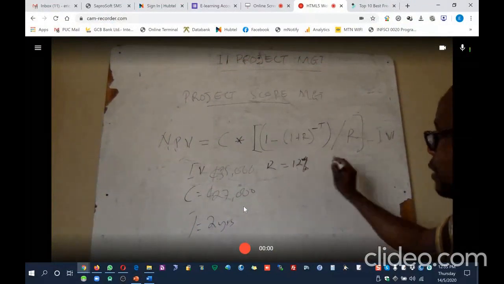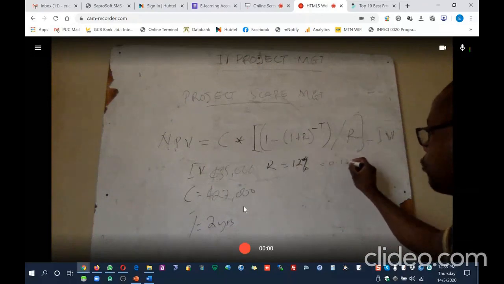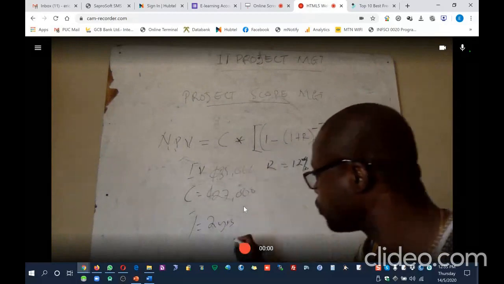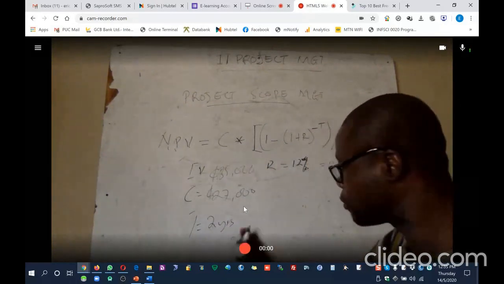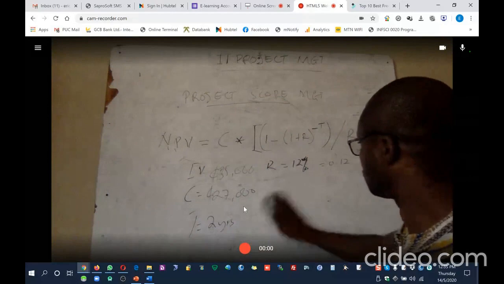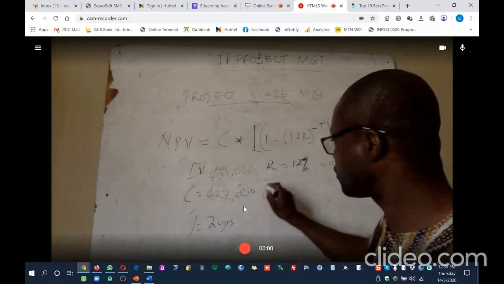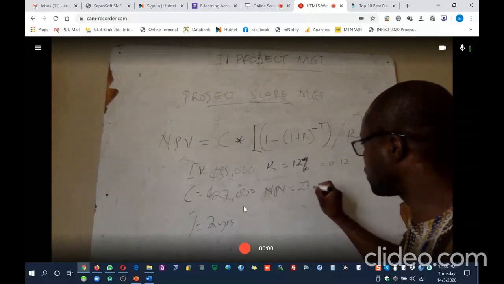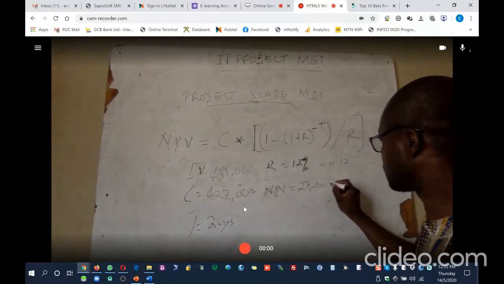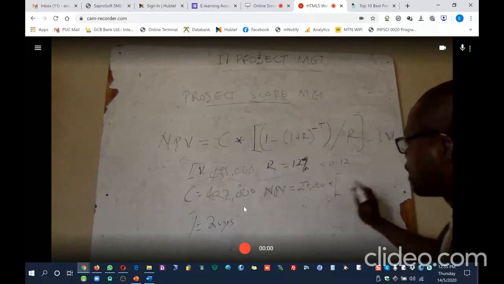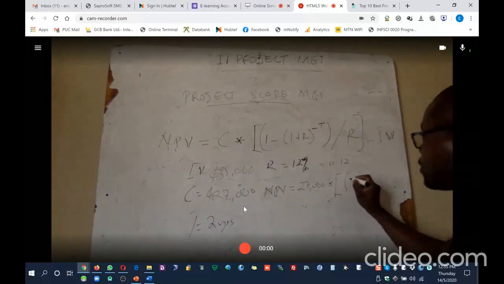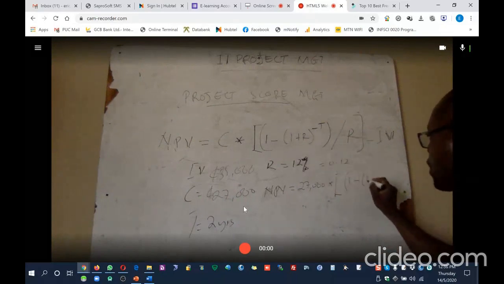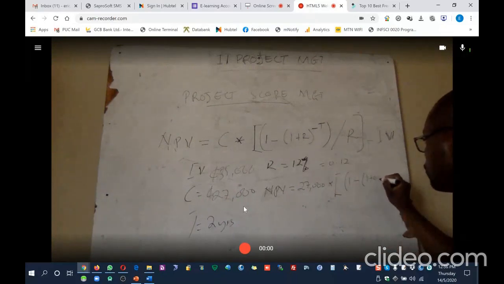So 12% is basically equal to 0.12. We want to insert this into the formula. It becomes 27,000. So our NPV becomes equal to $27,000 times, then into brackets, we first have 1 minus, then another bracket 1 plus 0.12.